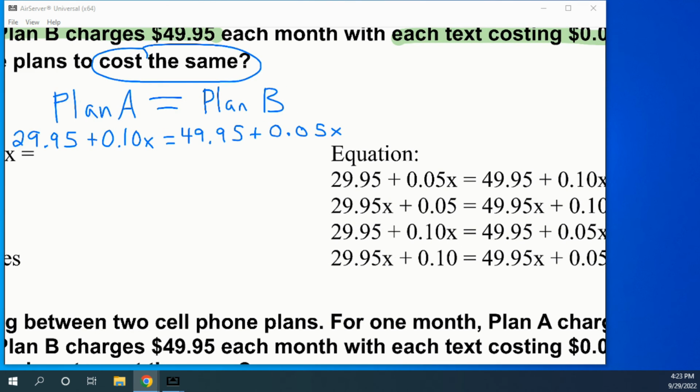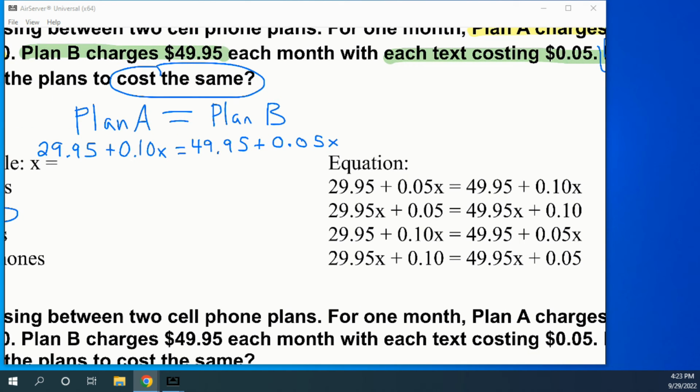So I've got $29.95. Yikes. This is a lot to look at. $29.95 plus 0.10x. $29.95 plus 0.10x. That one is looking good so far. Let's make sure that we have plan B correct, which is the $49.95 plus 0.05. We do.